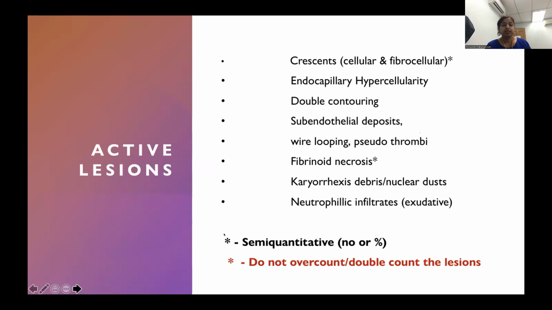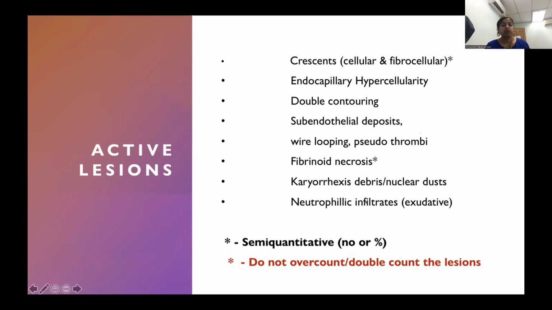Now, I've put a star for certain things, like for example your crescents and fibrinoid necrosis. If you see them, always make a habit of giving a semi-quantitative number. That means 3 out of 20 fibrocellular crescents, 3 out of 20 cellular crescents. Please document it until the very end of the report. I think this is very crucial, and the same goes for fibrinoid necrosis.